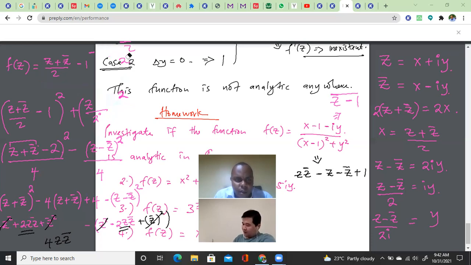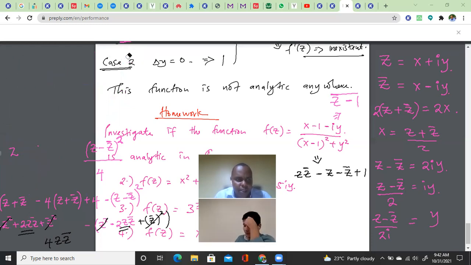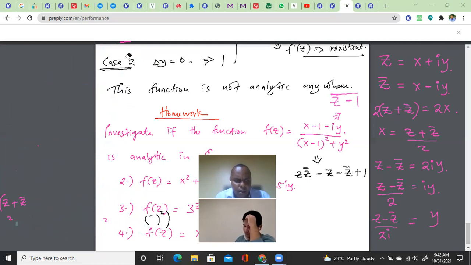And in the top, we have z bar minus 1. So after doing all that, let's write the result. We just transformed our function.